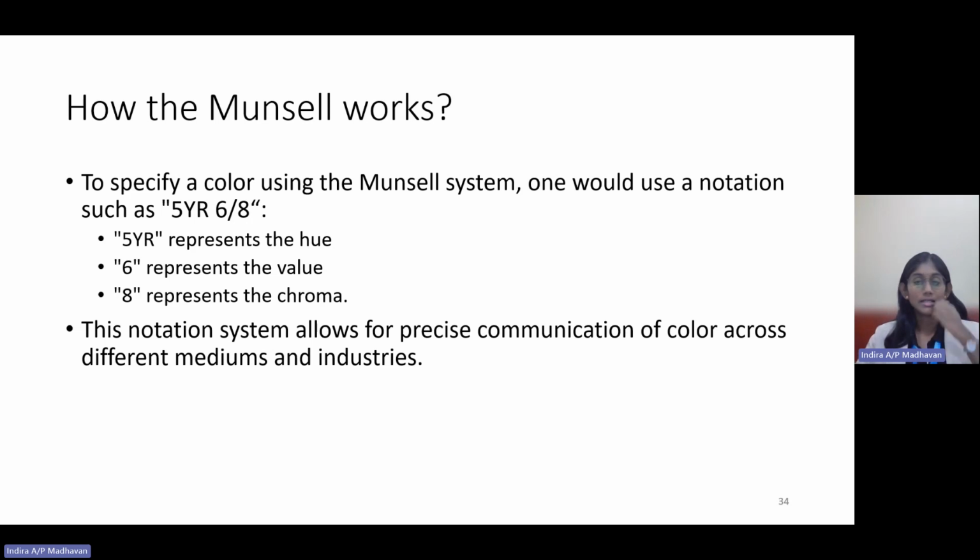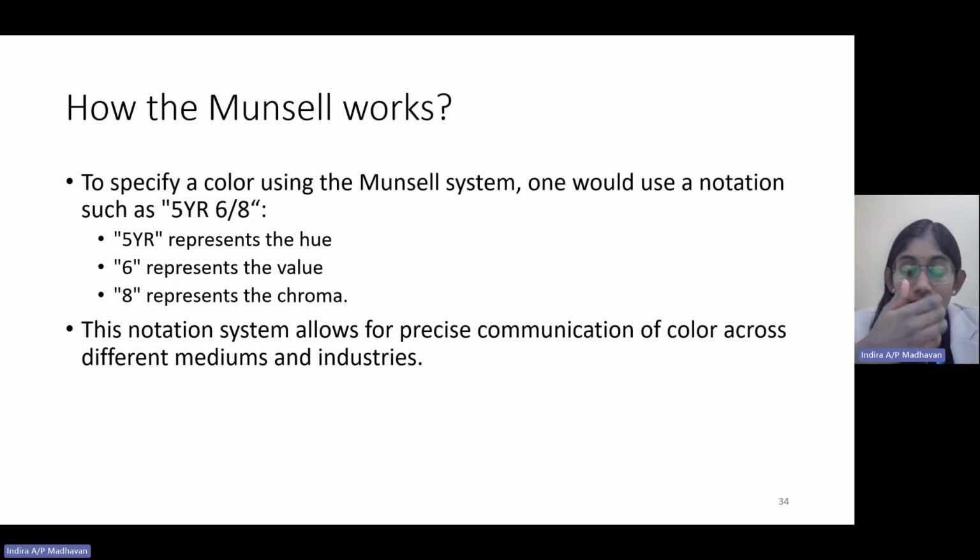But why was it not passed as a proper color system? The disadvantage of this Munsell color system is that they claim to have all colors from 400 to 700 nanometers, but when this color system was tested for its capability in identifying colors, the researchers found that there are certain colors that were not found in the Munsell color system.